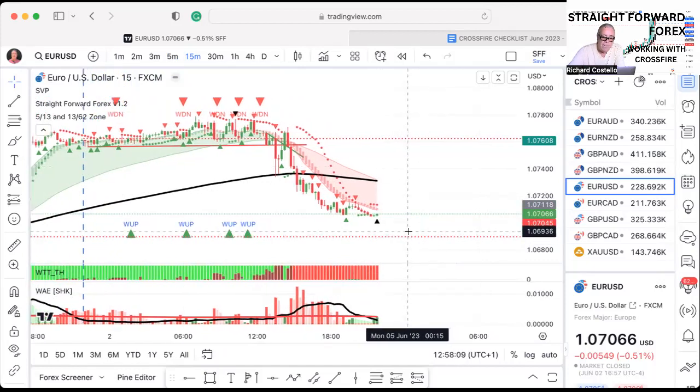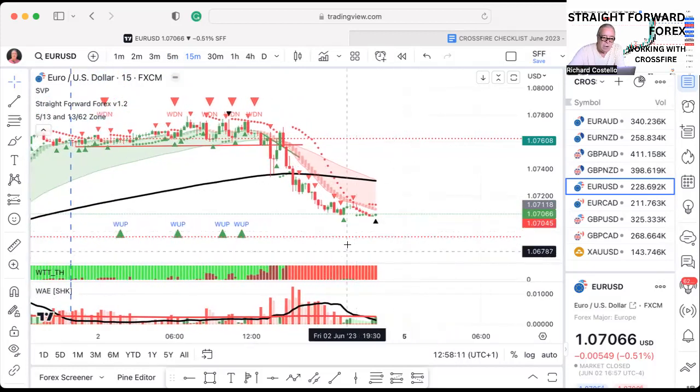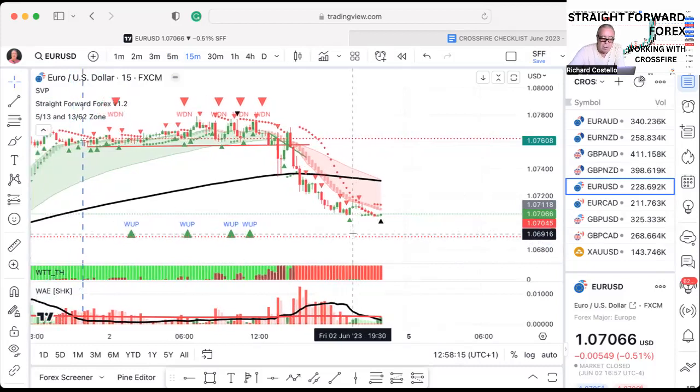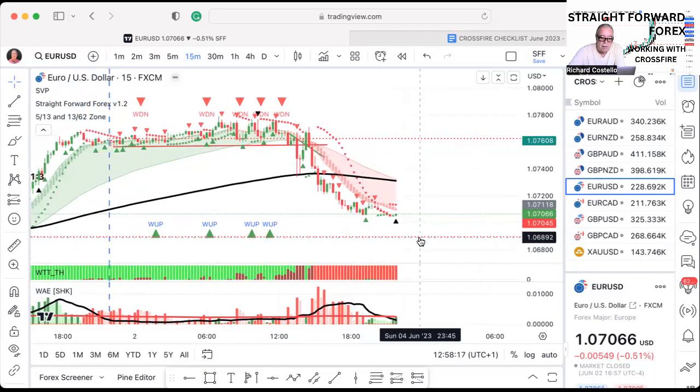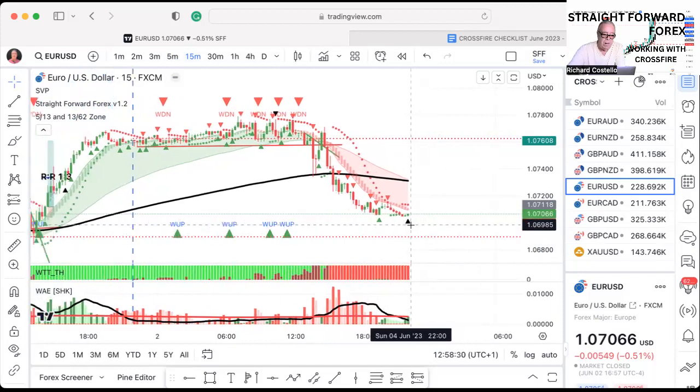And just a tip, it's marked as a line, but I regard it more as a range. So if I was using this level as my take profit, I would probably set it slightly above, because price might come down and not quite make that line. It might just visit slightly above.